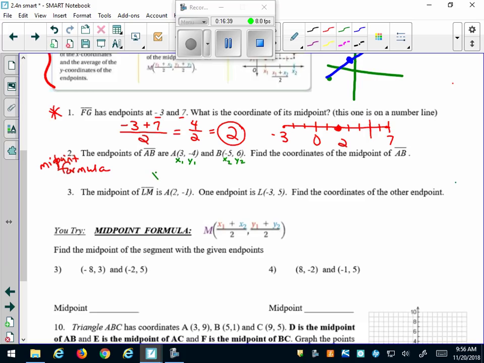So xm, ym equals, okay, we have to add the x's. 3 plus -5 over 2, and then -4 plus 6 over 2. That gets us 3 plus -5 is -2 over 2 is -1, and 6 plus -4 is positive 2 over 2, which is 1. So our midpoint is just -1, 1.